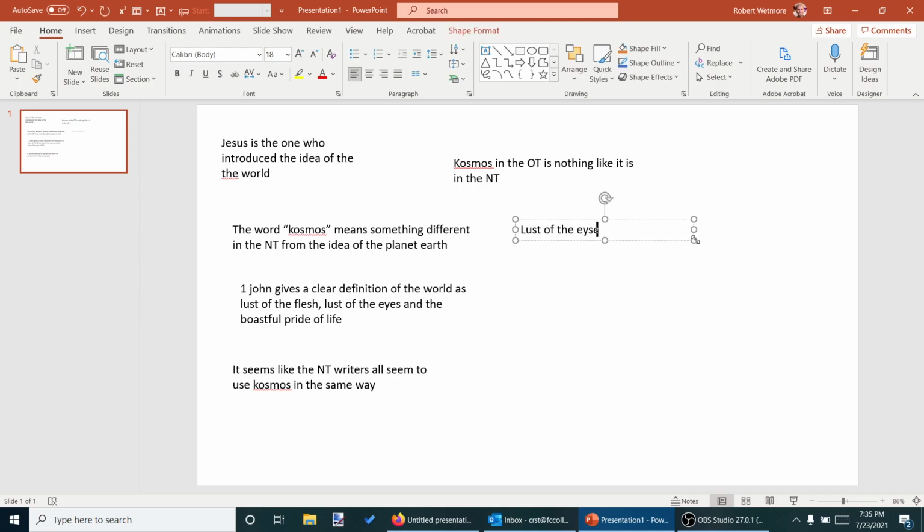Lust of the eyes is covetousness. I got another thought about that covetousness thing. Covetousness is much different from desire. It's wanting things.